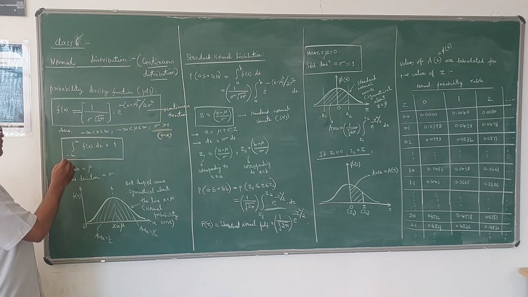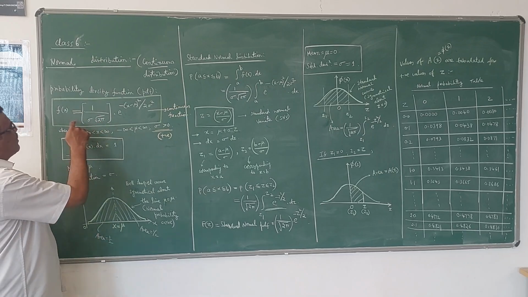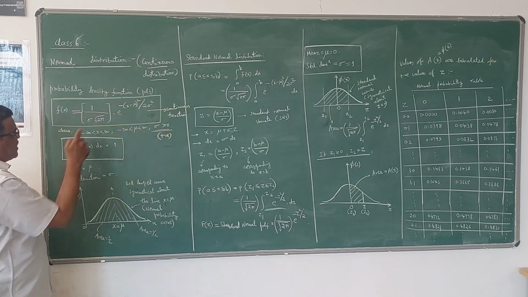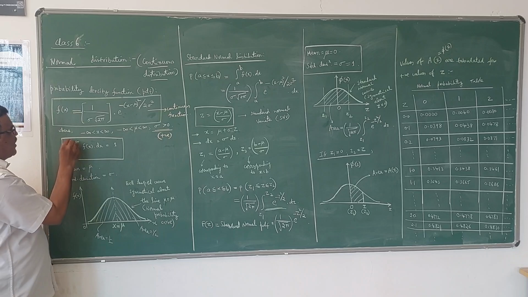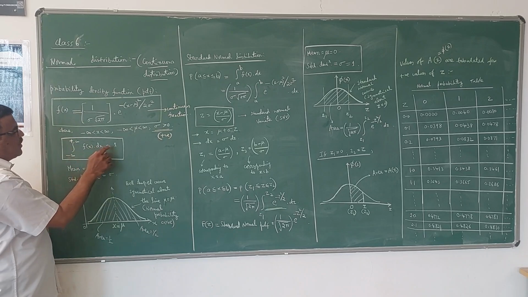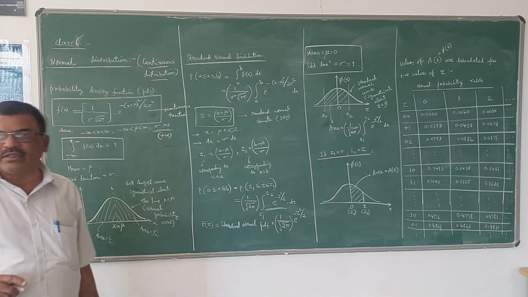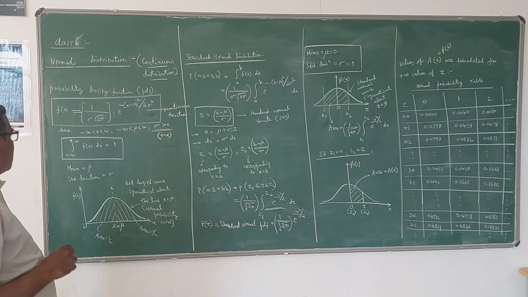Another thing is, if you integrate this function f of x between the limits minus infinity to plus infinity, you are going to get 1. That is another property of the normal distribution.